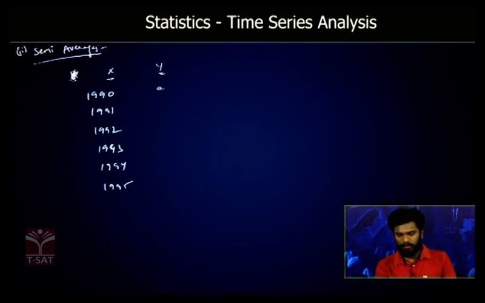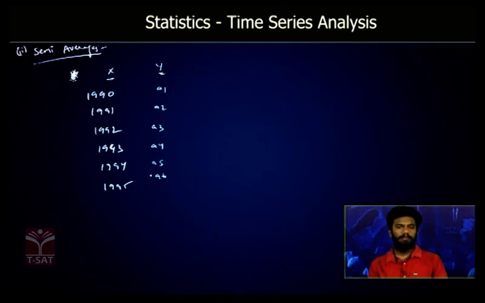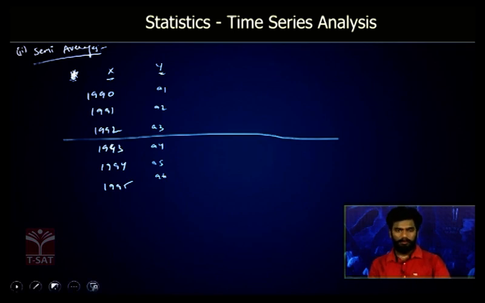Now we have the values A1, A2, A3, A4, A5 and A6 corresponding to those years. In the semi-average method, I will just divide my data into two halves. That is, I will make a partition in the middle: 1990, 91, 92 is one part, and 93, 94, 95 is the other part.